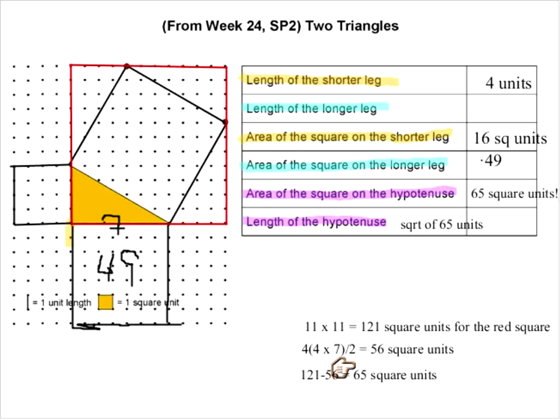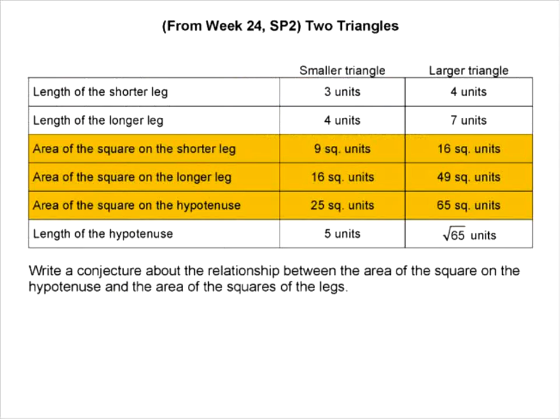Okay. So what I've done while I was preparing ahead of time is combine the information that we recorded from the previous 2 slides. If you look at the highlighted rows from each column, you can see a relationship between the areas of the squares on the legs and the area of the square on the hypotenuse.